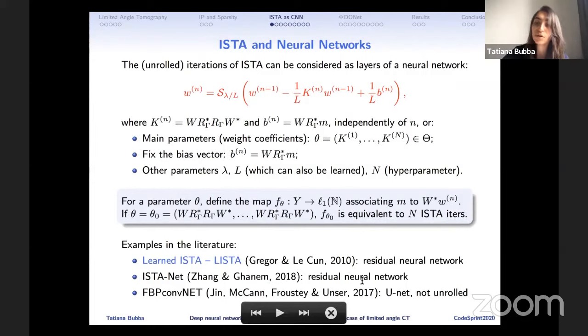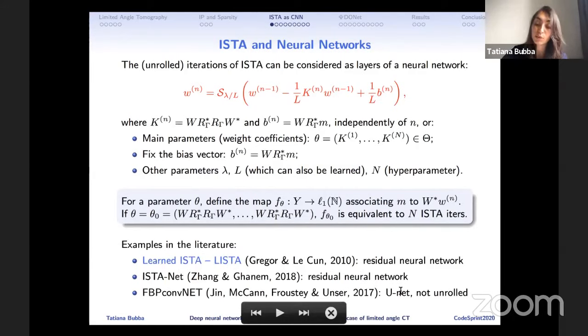This is also a residual neural network. And another recent contribution is FBPConvNet, where they propose a UNet, but the philosophy we apply in the paper is not unrolling. So this was the main literature we looked at when we started working on this.